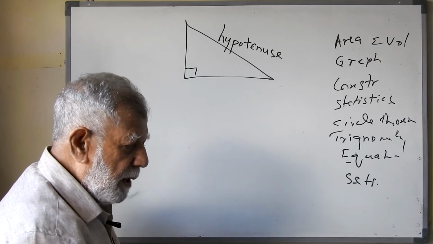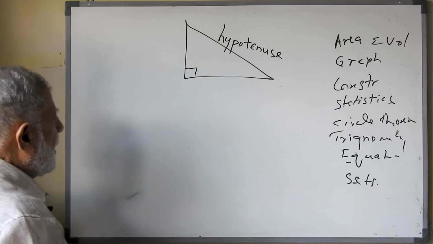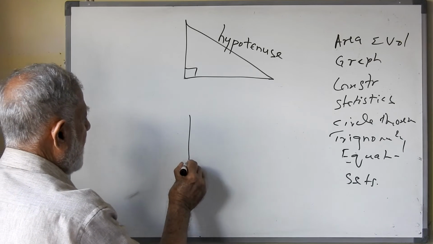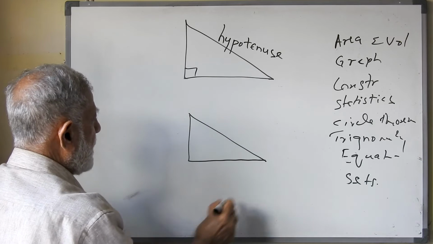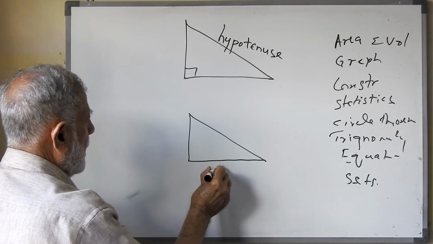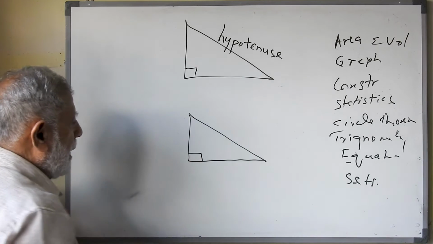Now, according to Pythagoras theorem, if we have a right angle triangle, this is the hypotenuse, and these are the two sides containing the right angle.